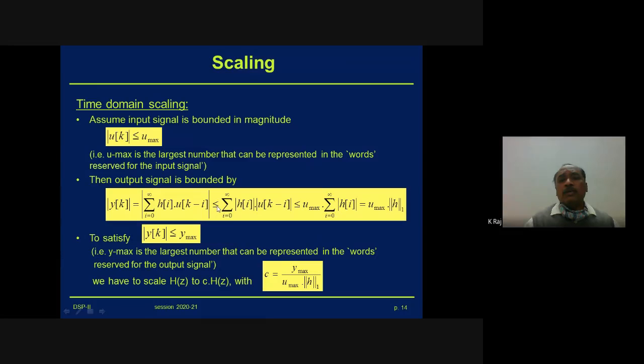This will be less than or equal to the sum of mod h(i) multiplied by mod u(k minus i).